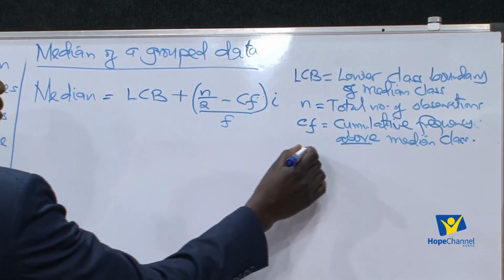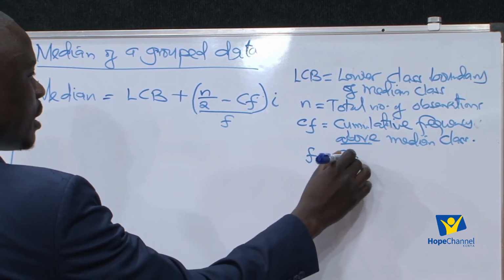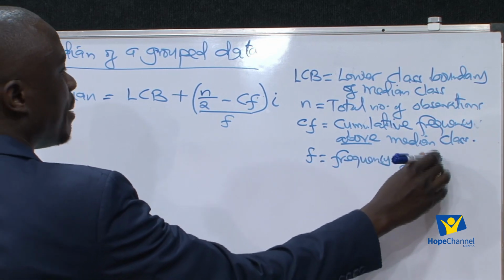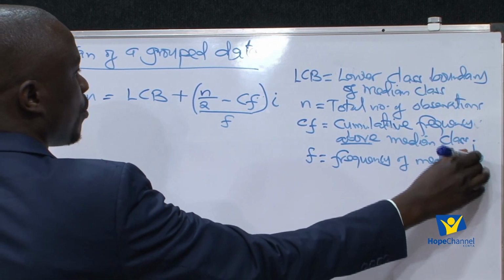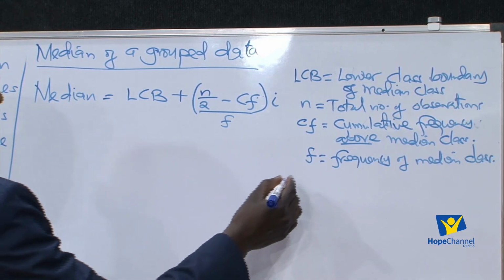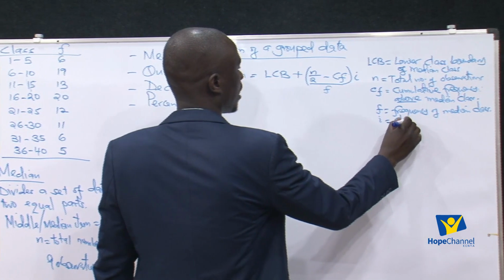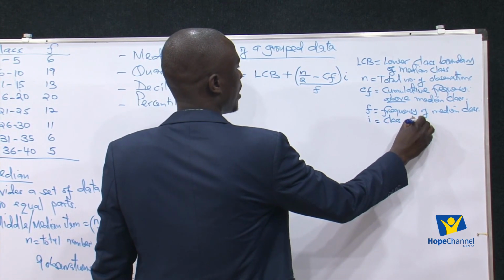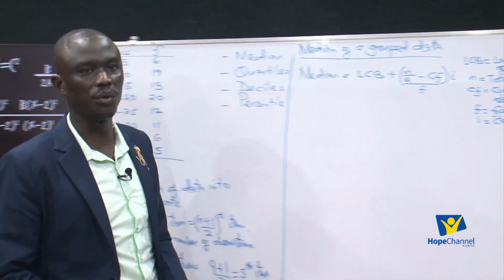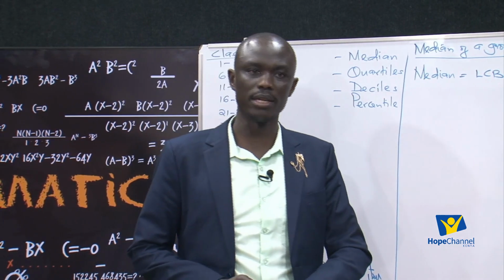Then we have F. F in this case is the frequency of the median class. Then I in this case is the class interval. So that is what each and every abbreviation in that formula stands for.